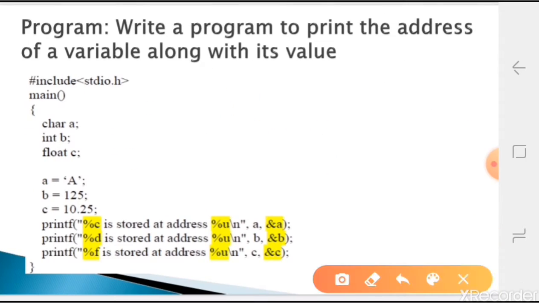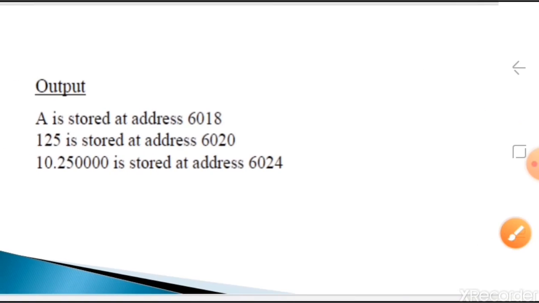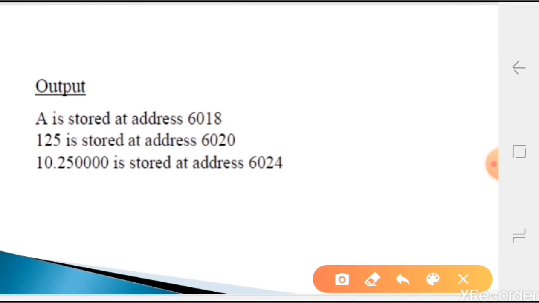If you have observed, we are using an ampersand before the variable. Whenever you use an ampersand, it will display just the address. These values will differ from system to system. I may get these values, you may get different values.